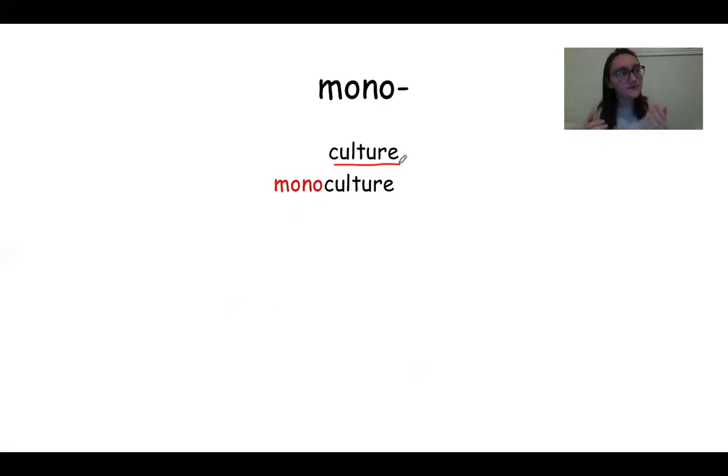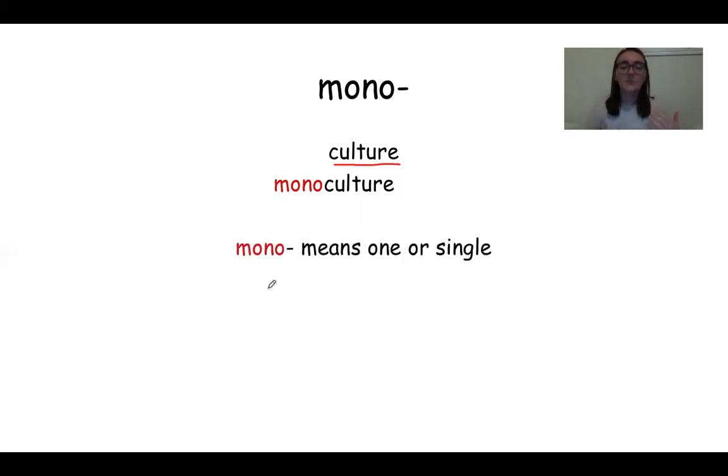It's how you live, how the people around you live, whether it's a religion or how you think about things. But you can change this word culture into monoculture. Mono has its own meaning, right? So mono means one or single.